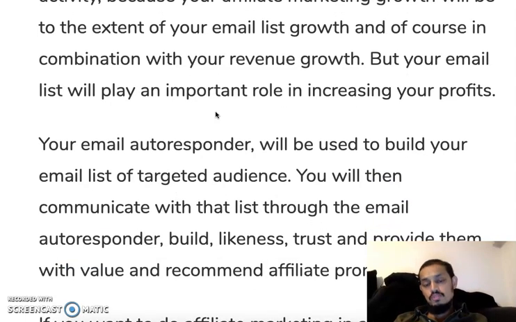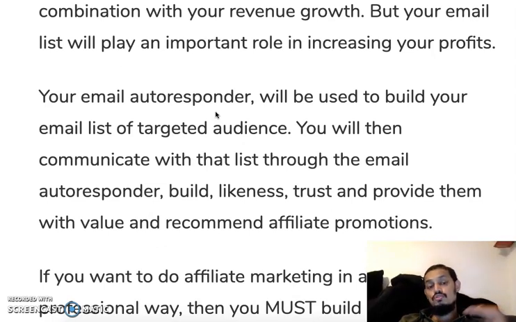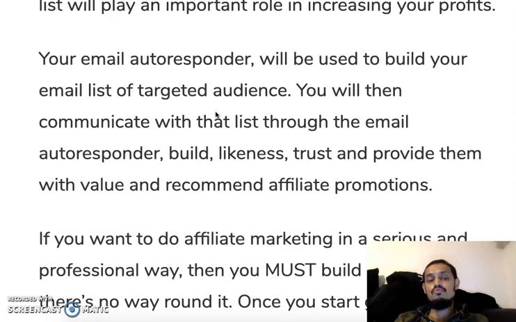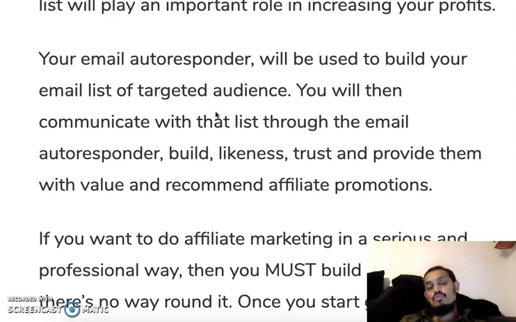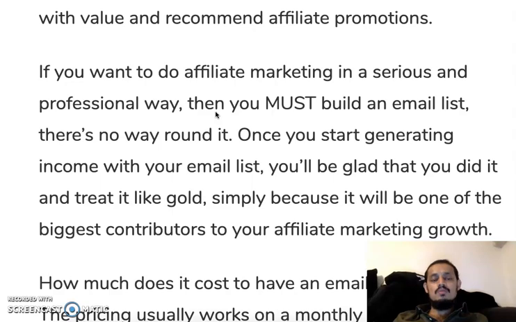That's why email autoresponder plays an important part in your business, because it'll be used to build your email list, right? And that's where all your contacts and everything will be stored. You will also use it to communicate with your audience, okay, through manual messaging and also sending automated messages. All right. So that's email autoresponder.